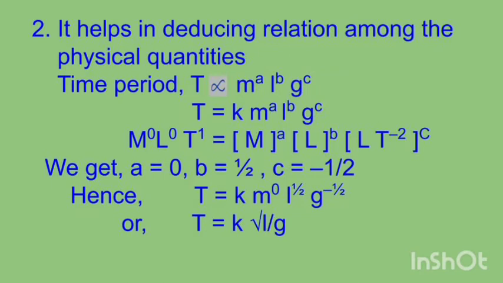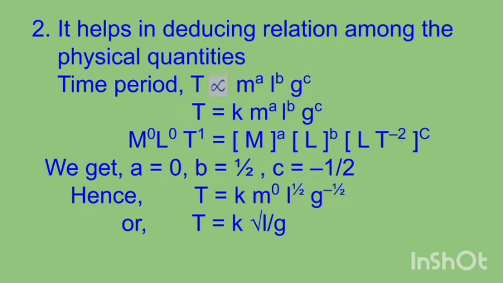On the right hand side, dimension of mass is M to the power a, dimension of length is L to the power b, and dimension of g, which is acceleration, is L T to the power minus 2, whole to the power c.